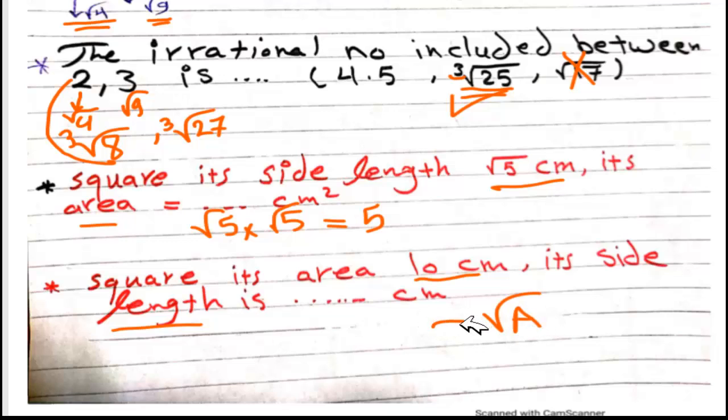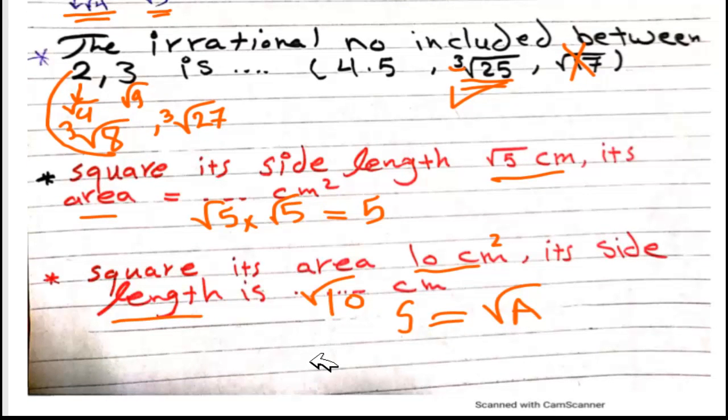So the side length equals square root of 10. Here root 5 by root 5, I can take the number itself, and here the vice versa, so the side length is the square root of the area, which is square root of 10.